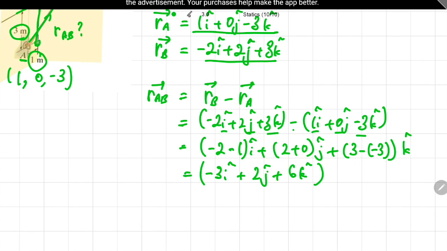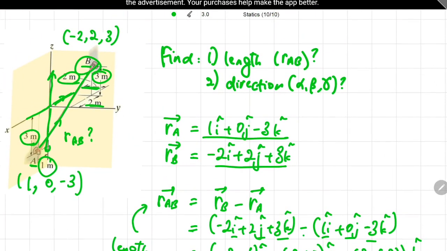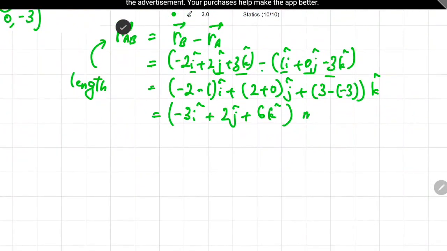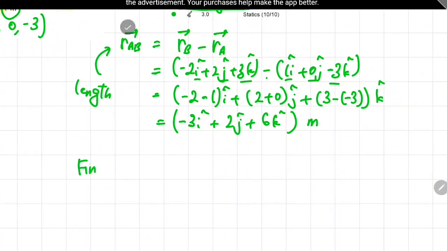What is the unit of this position vector? So kalau tengok dalam our figure, all the measurement used are in meter. So the position vector is actually in meter. So right now, we are interested to know what is the length of the rubber band.